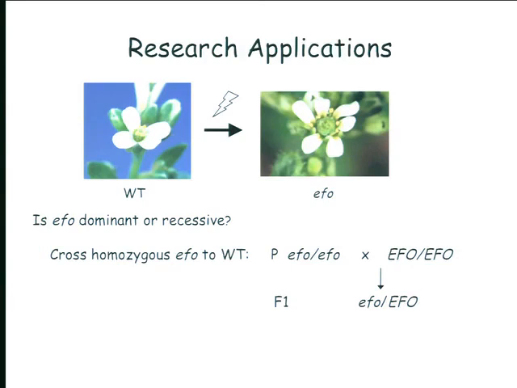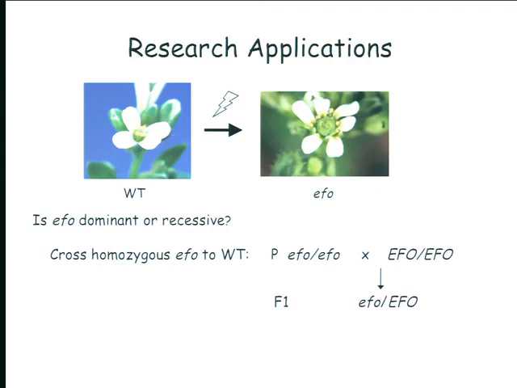Here we're going to cross our homozygous recessive EFO plant to wild type, which is big EFO at both loci. And why do we use 3 letters? In all of the other genetic crosses I've shown you, we've just used 1 letter to designate a mutant. Well, it's pretty obvious that if you're only using 1 letter and you have more than 26 mutants, you're in trouble. So the convention in all research fields, or most all research fields, is to use a 3-letter combination, which gives you much greater range and also gives you more expressivity.